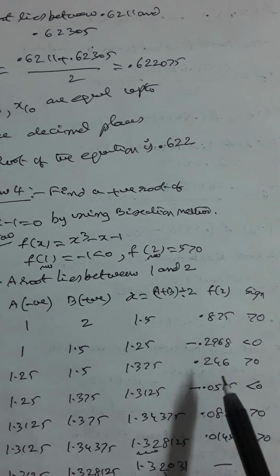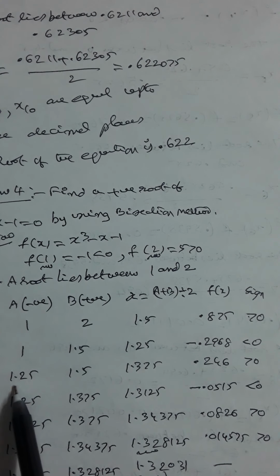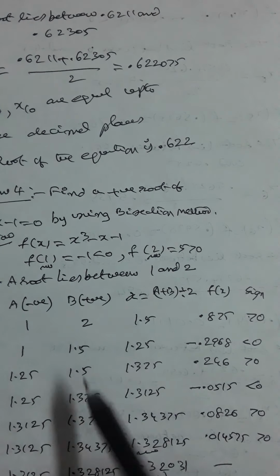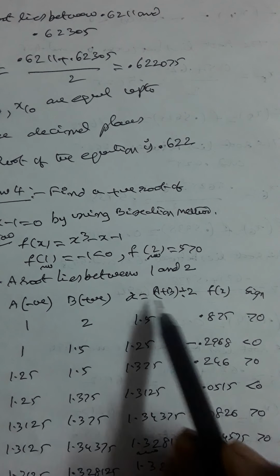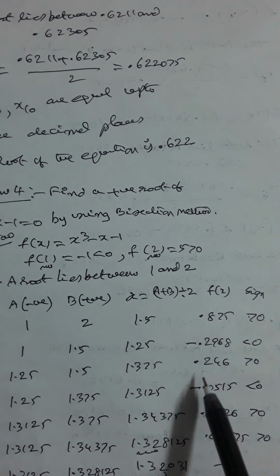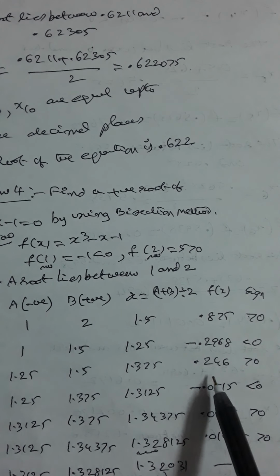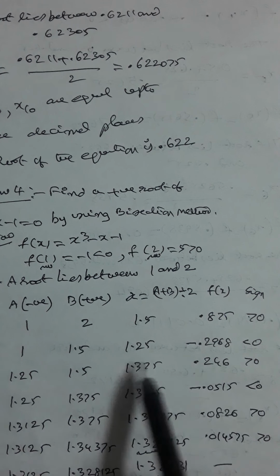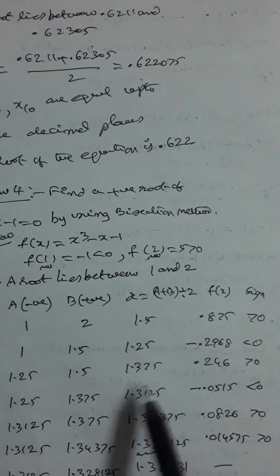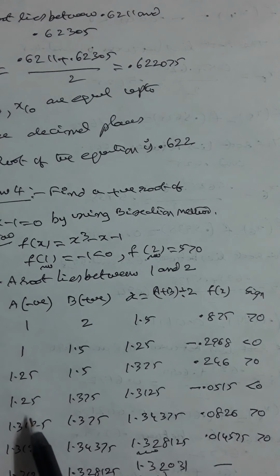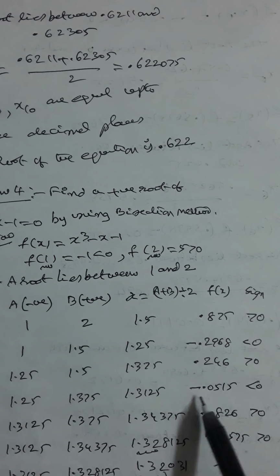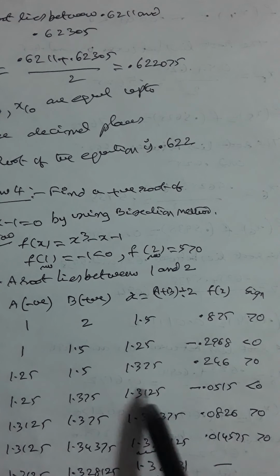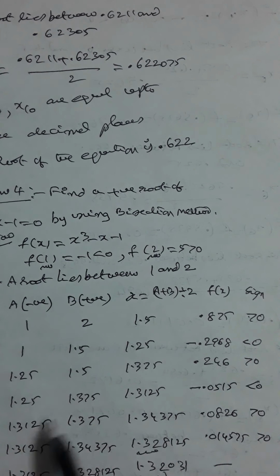So you write 1.25 under A, and B, 1.5, as it is. So the x value is 1.375, function value 0.246, positive.